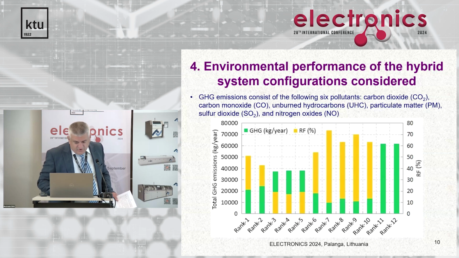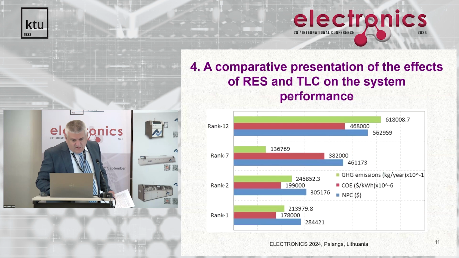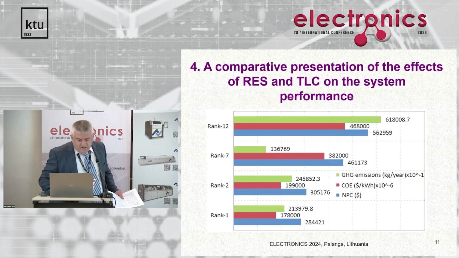I will not go into the details. You can see green color are emissions, and this factor is shown in yellow color. Again, we have a comparative presentation for some of these configurations.